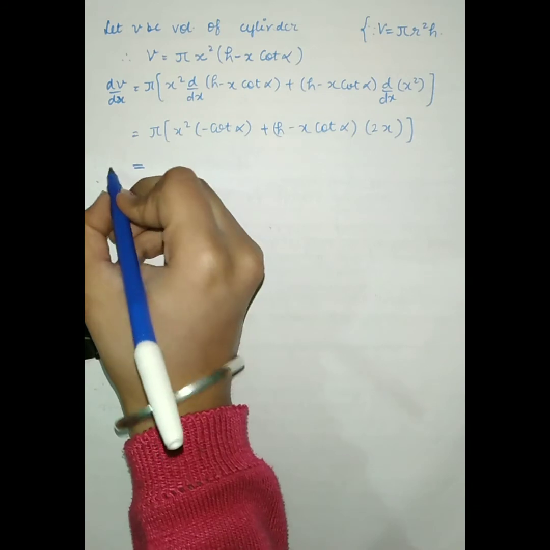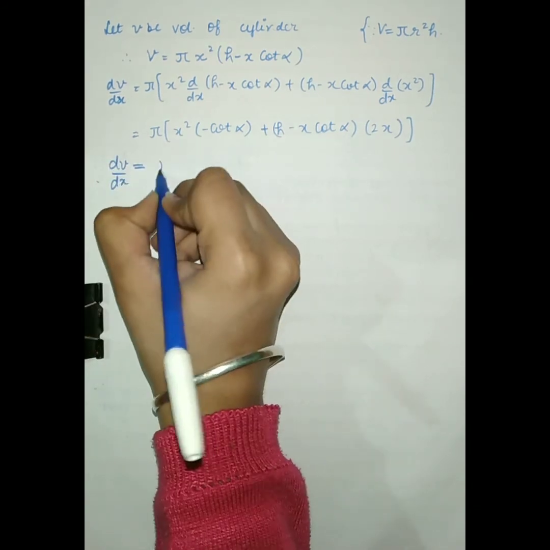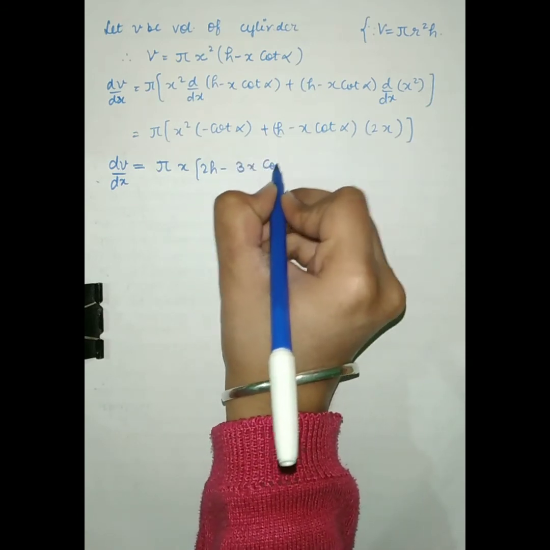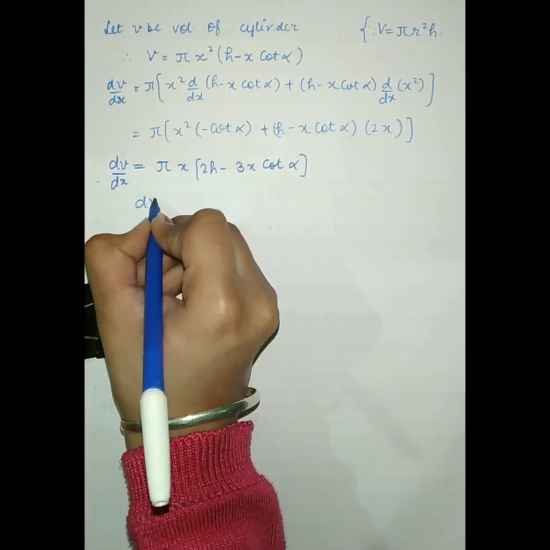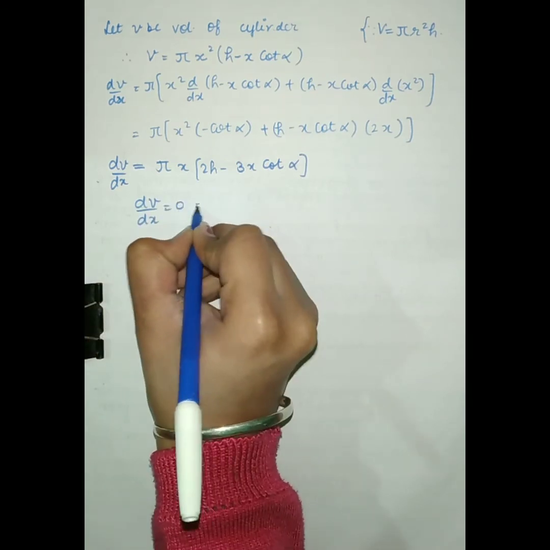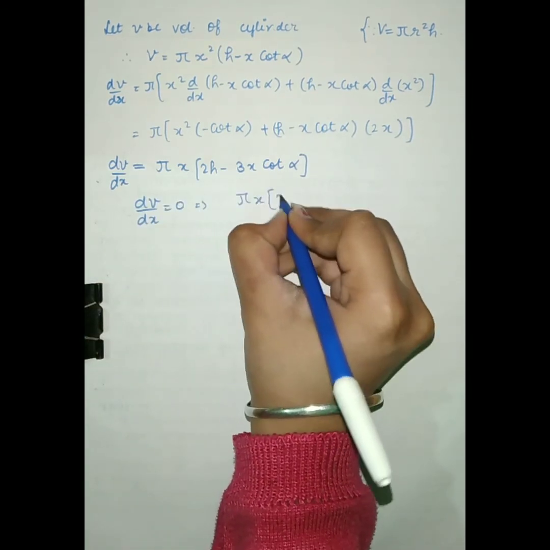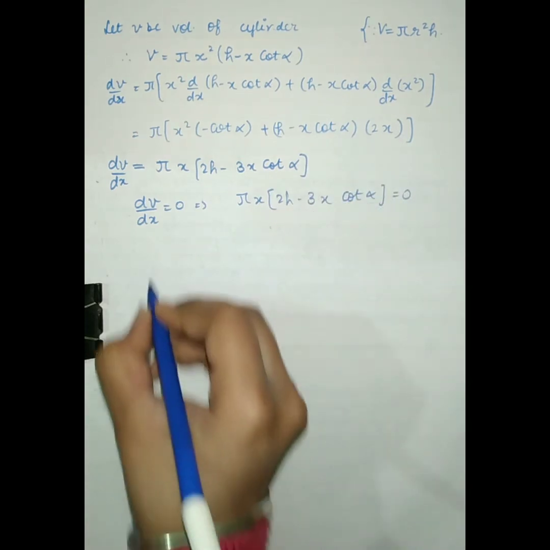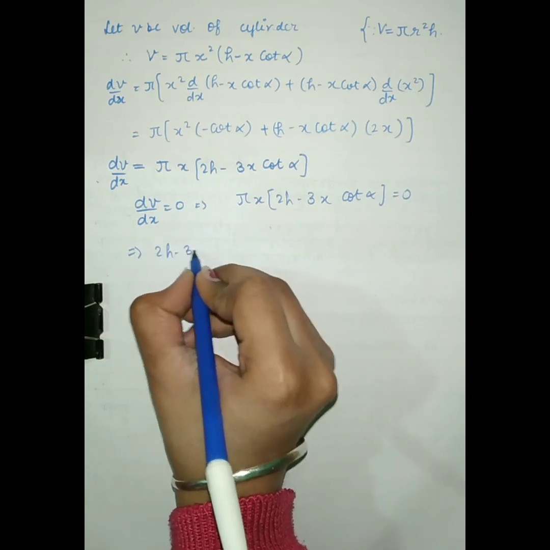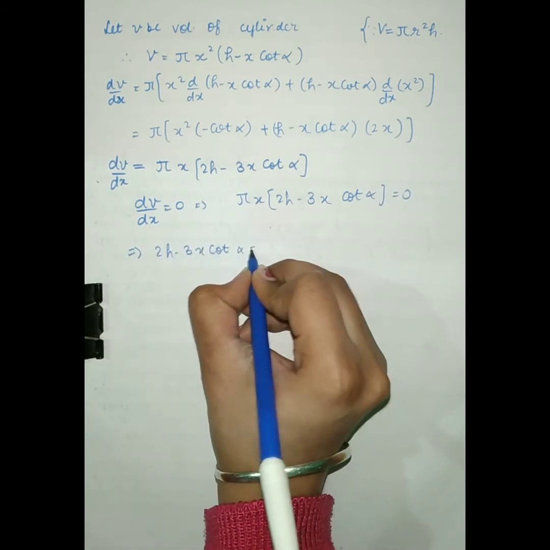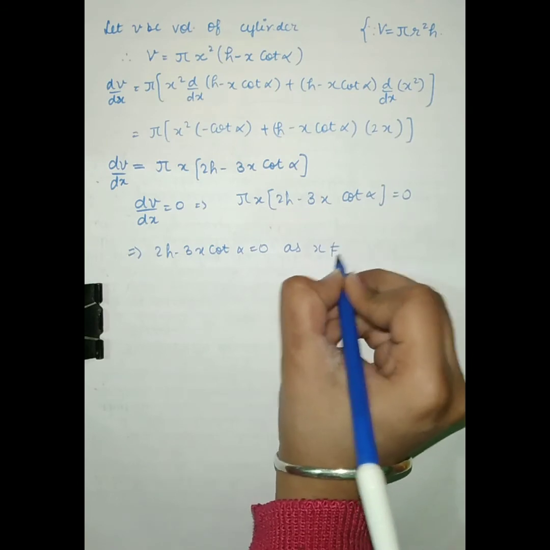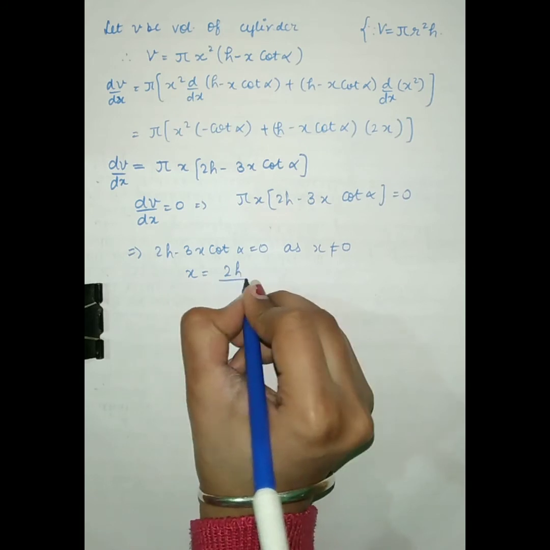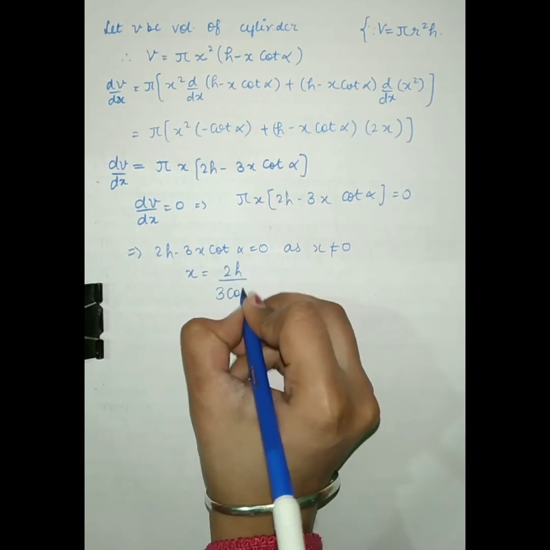So dV upon dx will be equal to pi x into (2h minus 3x cot alpha). Now we set dV upon dx equal to 0, so pi x into (2h minus 3x cot alpha) equals 0. That means 2h minus 3x cot alpha equals 0, as x is not equal to 0. So x will become equal to 2h upon 3 cot alpha.